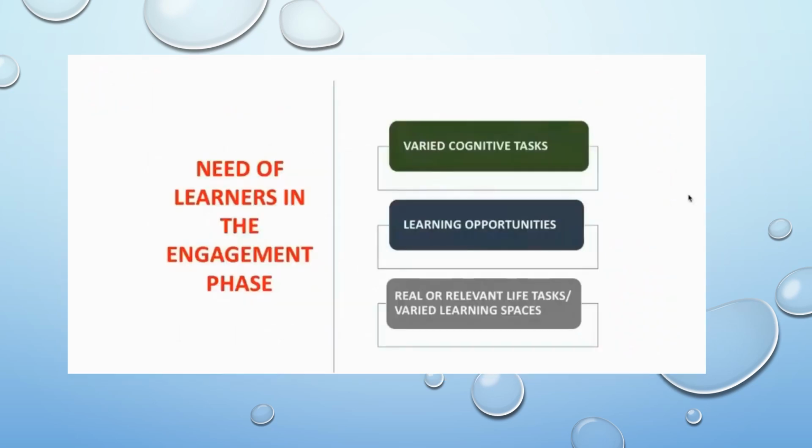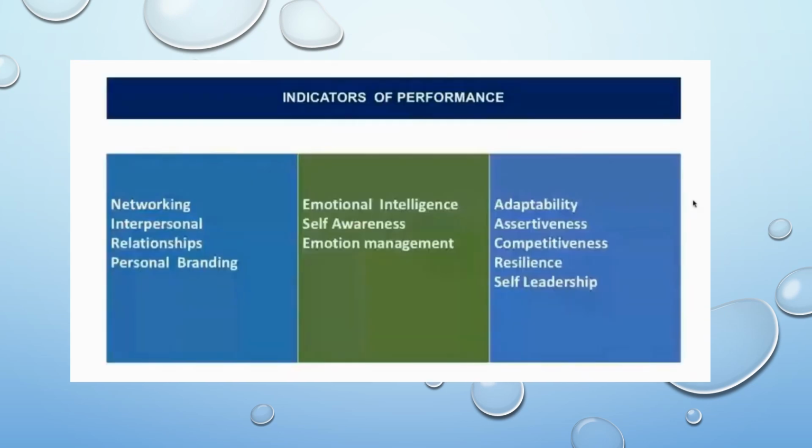And what are the needs of the learner in the engagement phase? It can be varied cognitive tasks through learning opportunities, real or relevant life tasks, or through valid learning spaces. And what are the indicators of performance?